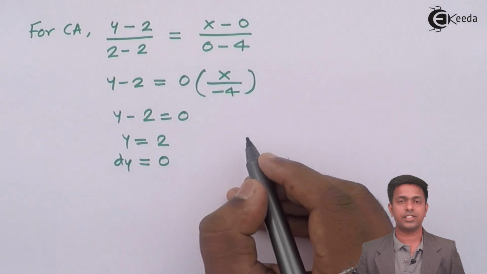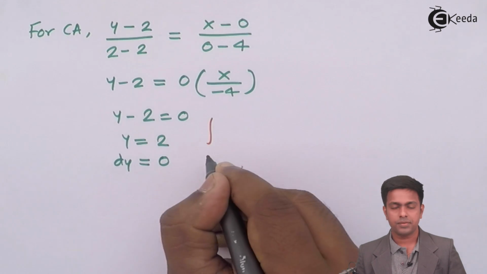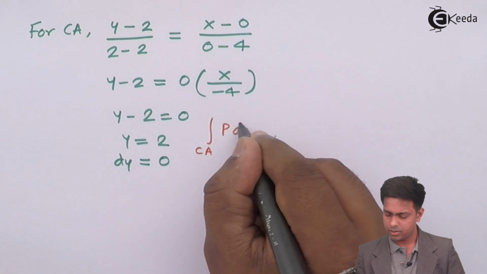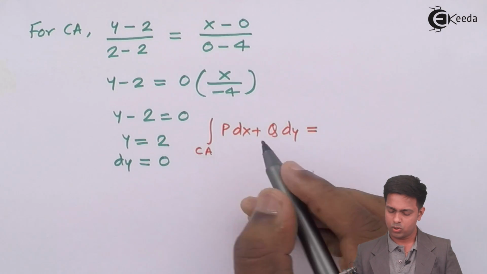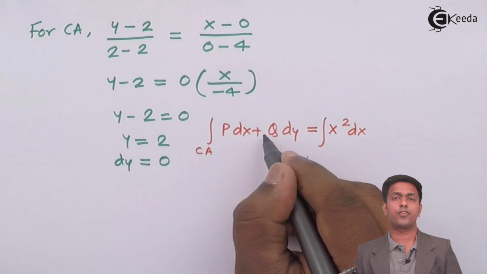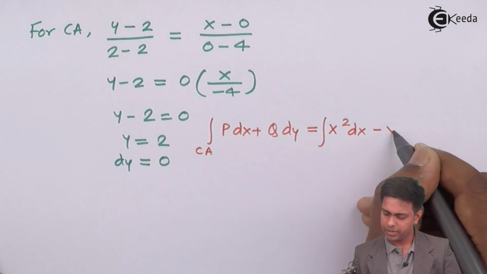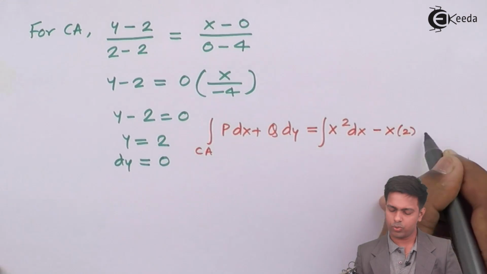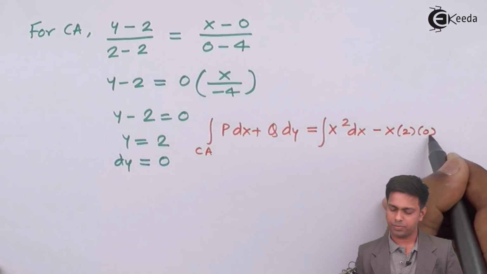So we have integration, that is, here I'll write down that integral for the curve CA p dx plus q dy equal to, now value of p is x square, so x square is gonna remain same, dx, then value of q is negative x y, so that minus x will be as it is, and y is nothing but 2, so that will become 2, and then we have dy, but guys, dy is 0, so here we will get 0.